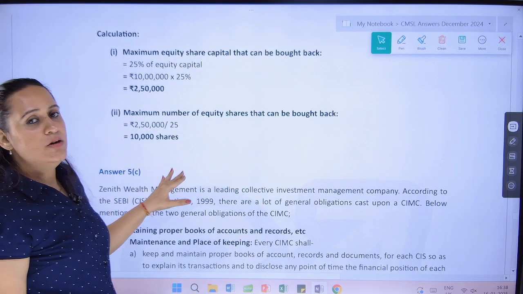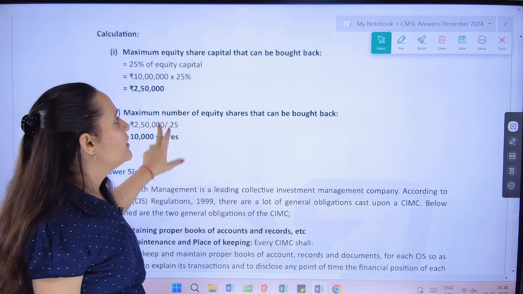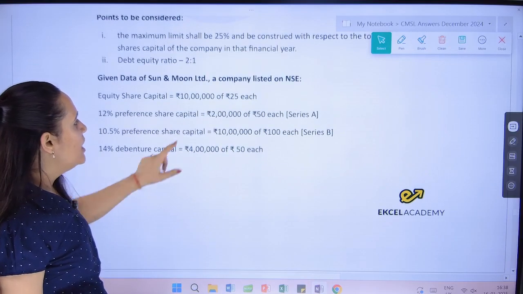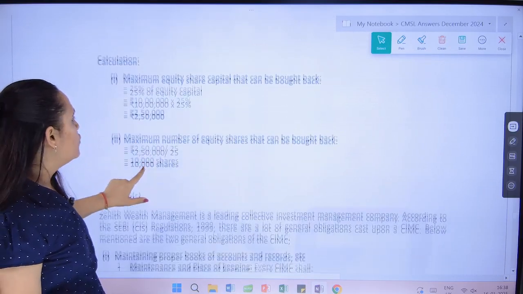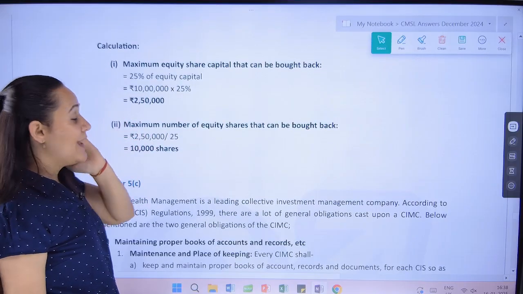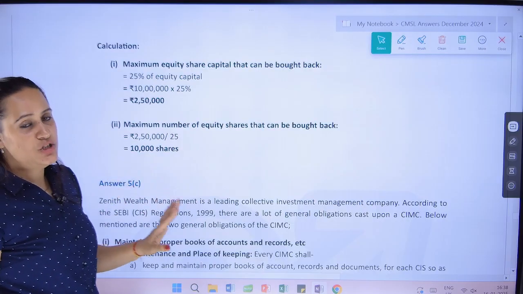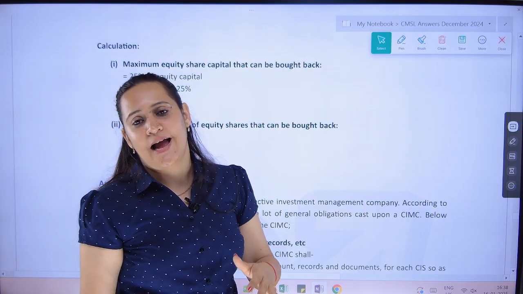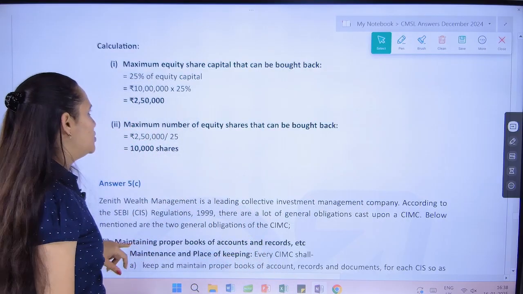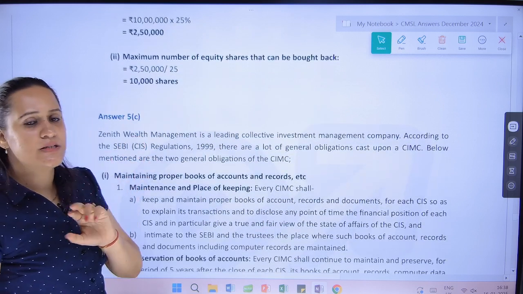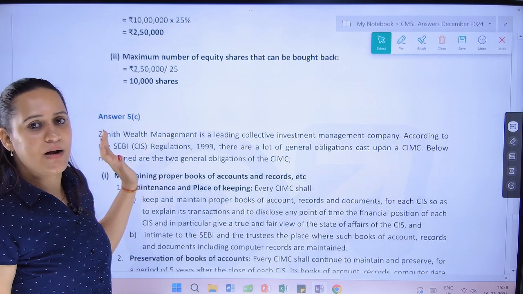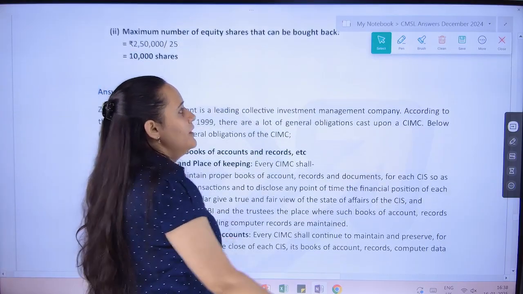And maximum number of shares that can be bought back: here we know the value of one equity share was 25 rupees each. So if 2,50,000 can be bought back, what is the number of shares? Divided by 25, it will give you 10,000 shares. So 10,000 shares can be bought back. Direct question. Just the 25% concept you should take in mind and apply the logic. Next.